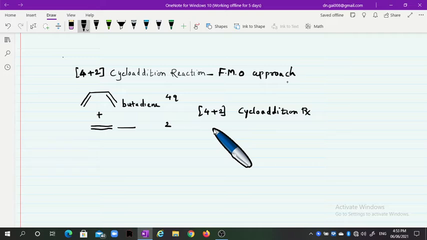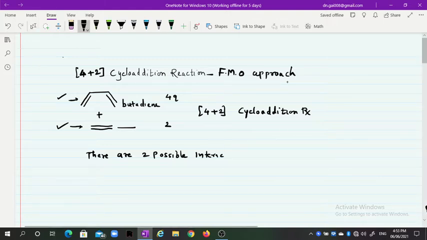For FMO approach we will consider the HOMO of a system and LUMO of a system. For this system there are two possible interactions.